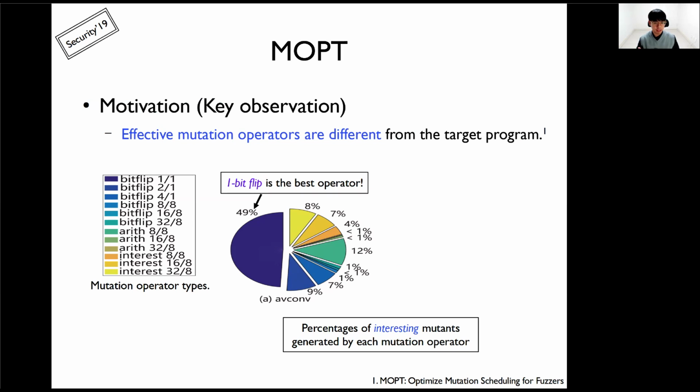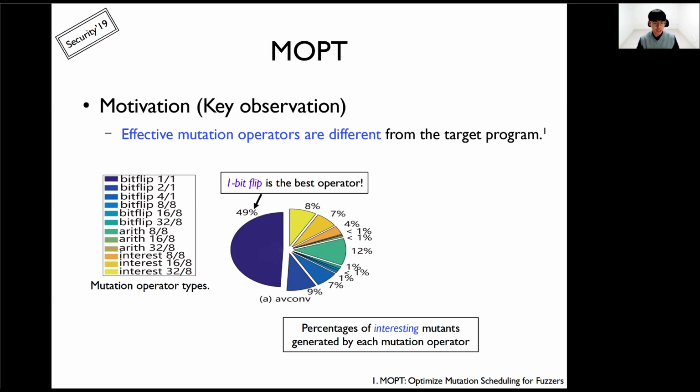In the leftmost table, each color indicates the type of each operator.